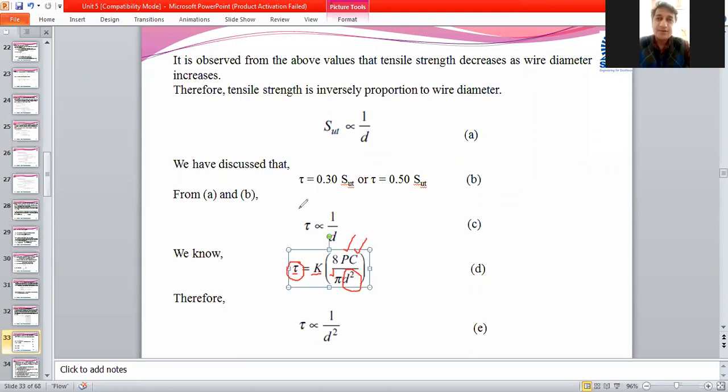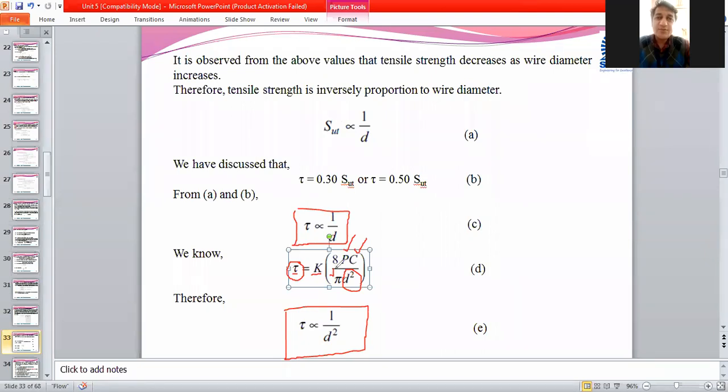D square. But from the earlier relation, using ultimate tensile strength as the basis, shear stress is inversely proportional to the diameter.